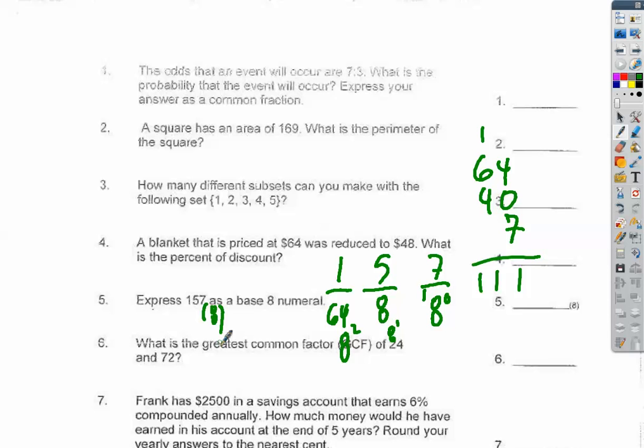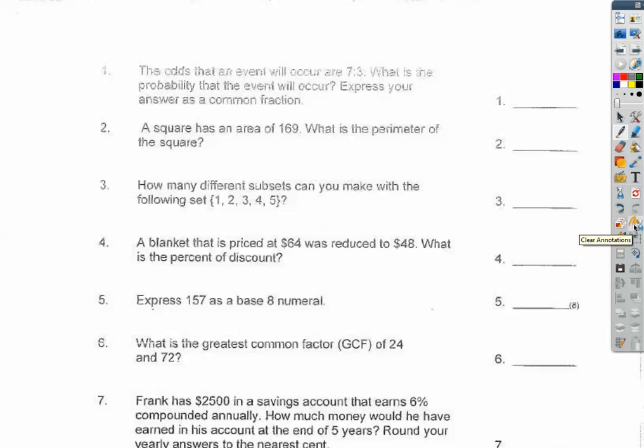157 is a base 10 numeral, and so I need to convert it into base 8. Sorry. So what I need to do is, again, I'm going to have my 64, my 8, and my 1 for the same reasons. And then how many times does 64 go into 157? Well, I can get 2 groups of 64 into that. So 2 times 64 is 128.